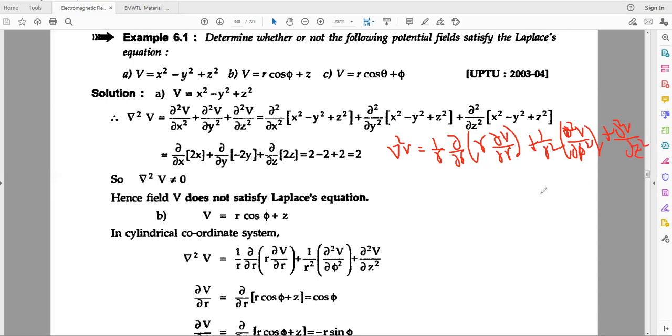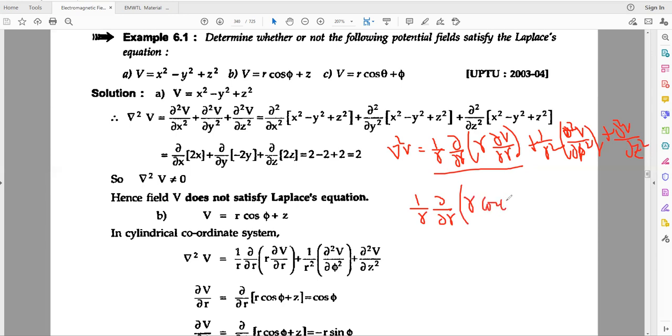So actually it is 1/R ∂/∂R of R ∂V/∂R, plus the phi term and the ∂V/∂Z term only. What is ∂V/∂R here? Cos phi, the Z is a constant. So the first term we can take as 1/R into ∂/∂R of R into ∂V/∂R.